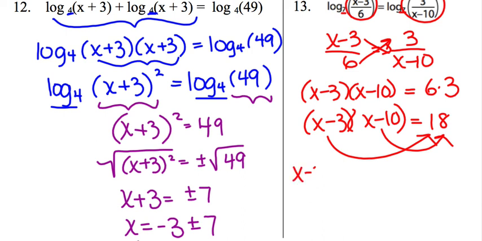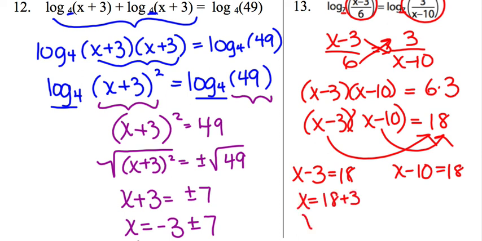So we have x minus 3 equals 18, and x minus 10 equals 18. All right, so let's go ahead and solve this first one. So 18 plus 3 is 21, and add 10, 18 plus 10 equals 28. So you have two solutions.